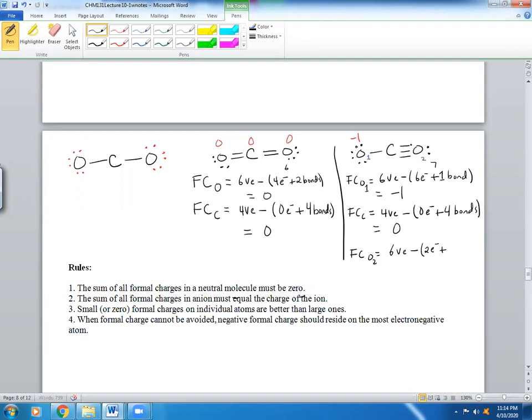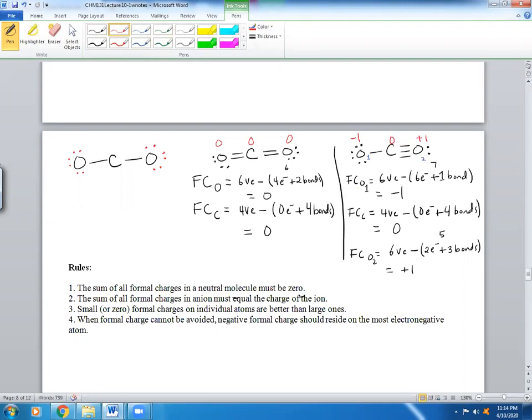Plus, how many bonds does it have? 1, 2, 3. Okay, so what's 2 plus 3? 5. What's 6 minus 5? 1, but we say plus 1 because it's a charge. A charge must be indicated even if it's not negative, it means it's positive. So therefore, this is plus 1 and this is 0.